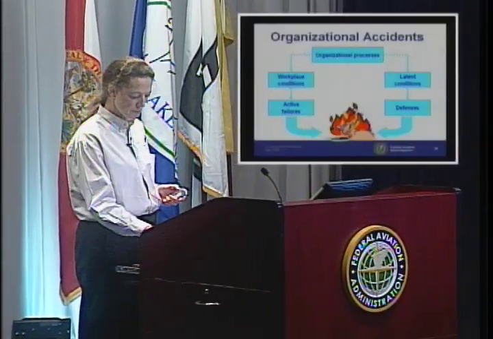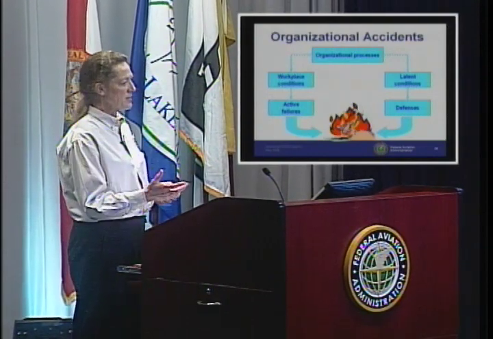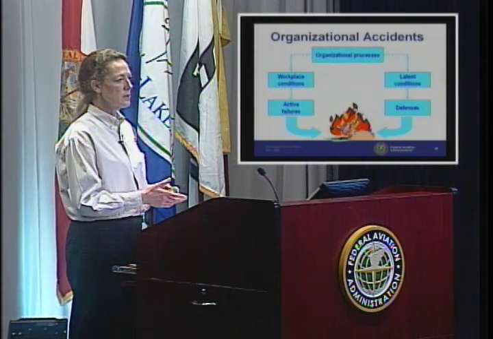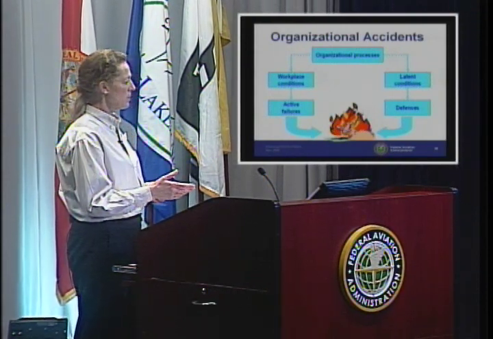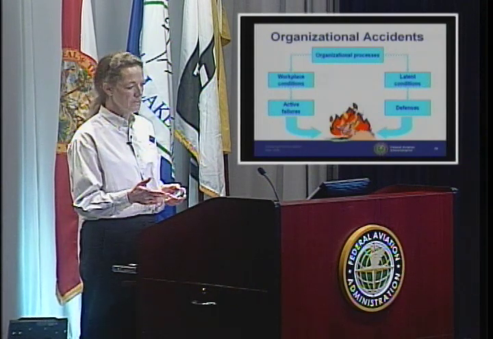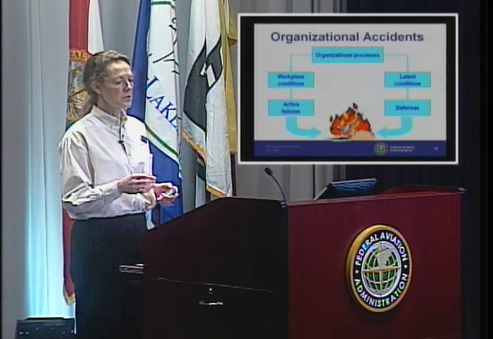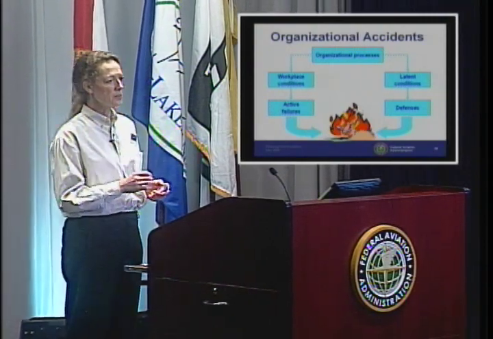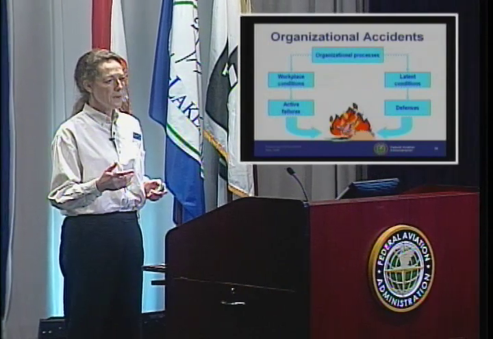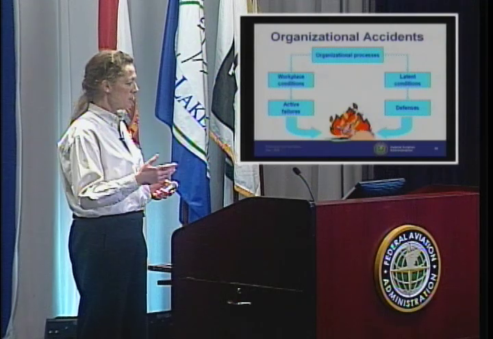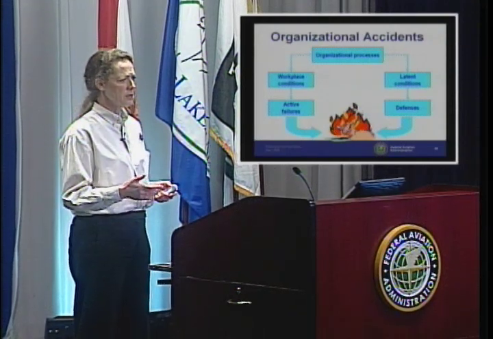Therefore, the organization makes those workplace conditions and sets the tone and provides the tools to eliminate the threat. That means that some of those conditions can be, and the possibility of an accident can be in place when the human is introduced to that equation.